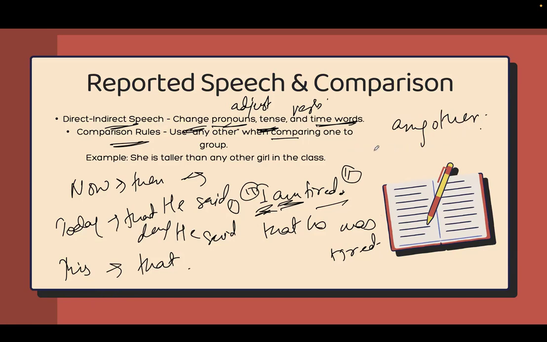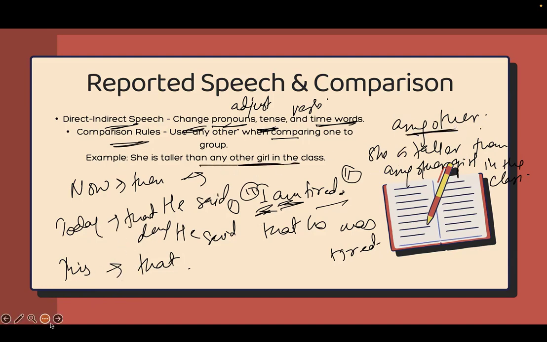For example, she is taller than any other girl in the class. Instead of saying she's taller than any girl in the class, which implies she's not a part of the class, right? So we have to use any other when we are doing the comparison rule. The same example is mentioned here.